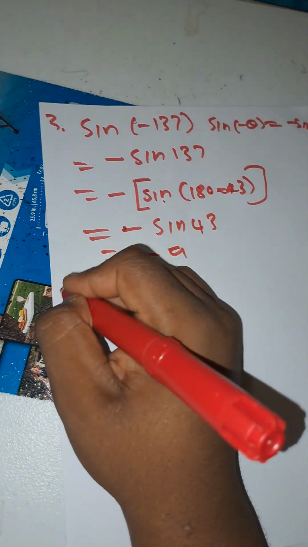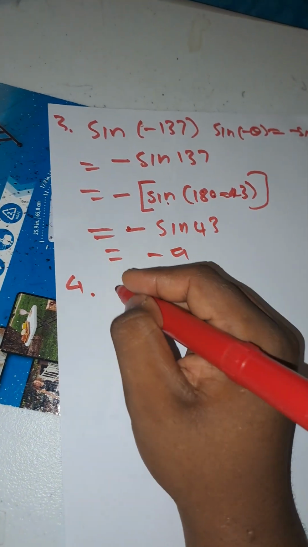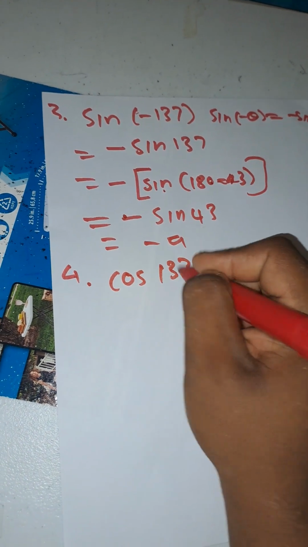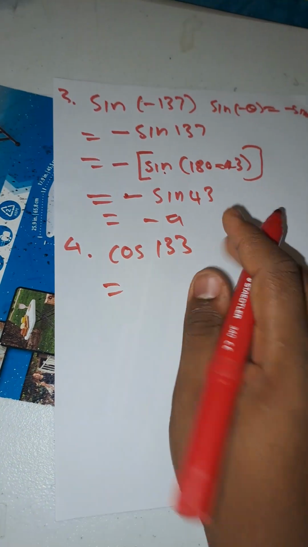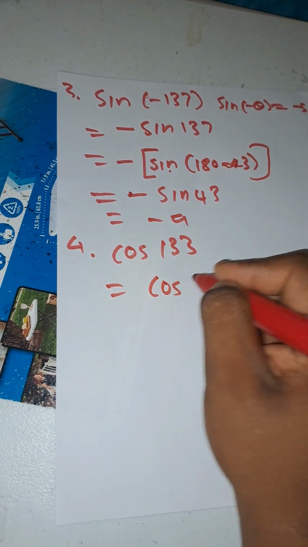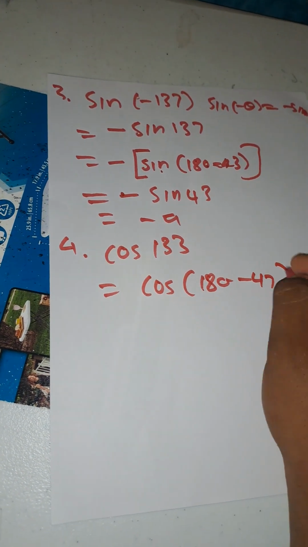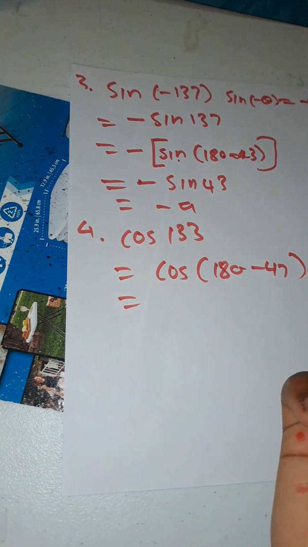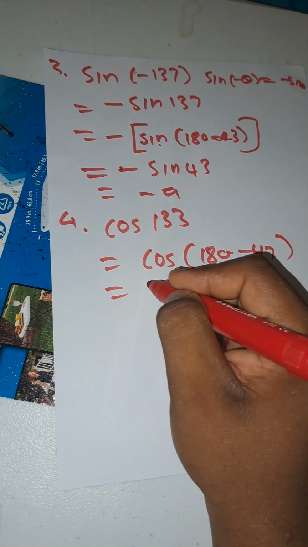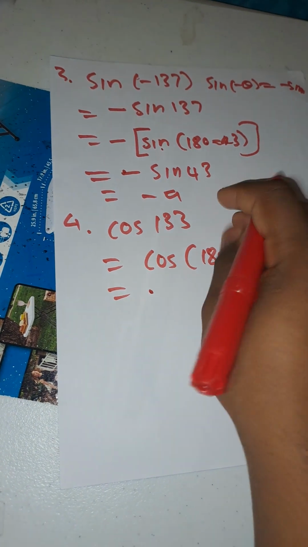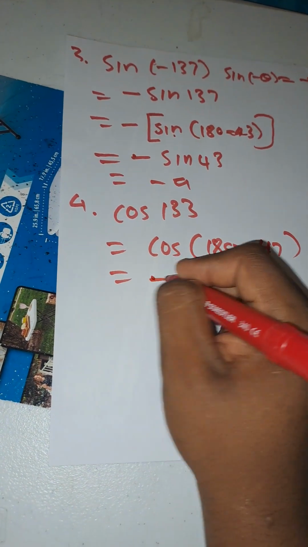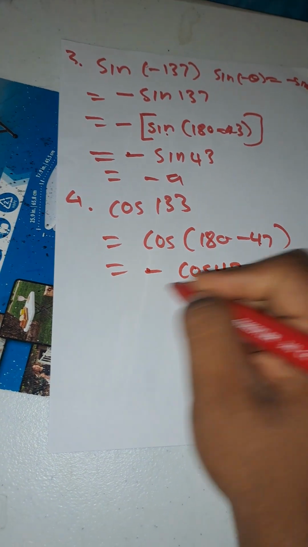Oh, the same thing. And then the last one, we have cos 133. Reduction angles again. Cos 180 minus 47. 180 minus 47 is 133. And then it will be what? 180 minus theta, it is in the second quadrant, so it will be minus cos 47.